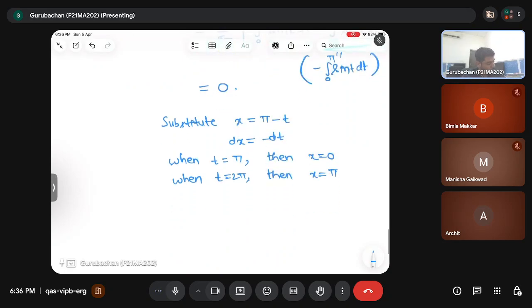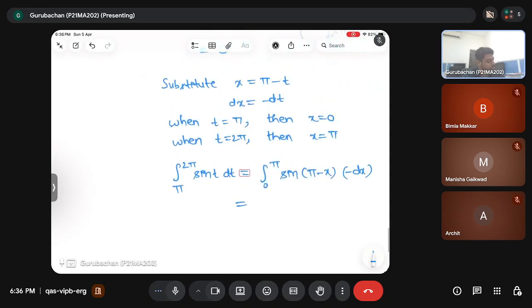So the integral from pi to 2 pi of sine t dt will be the same as the integral from 0 to pi of sine of pi minus x into minus dx. What is sine of pi minus x? Sin x. So can we replace this x by any dummy variable t?